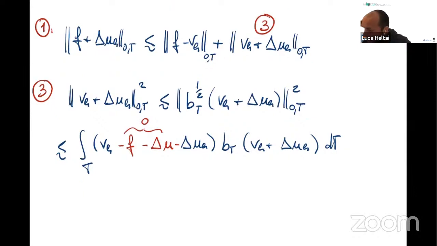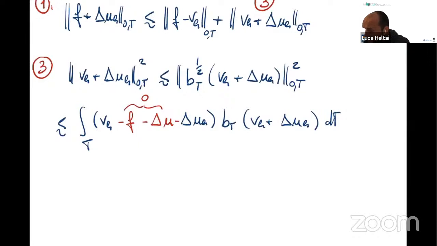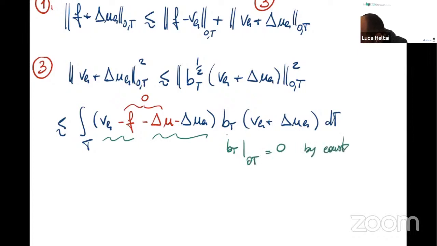Okay. Now, split the two integrals in the two parts: the part that contains v_h minus f and the part that contains Laplacian of u minus Laplacian of u_h. And I would like to exploit the fact that b_T is 0 on the boundary. So b_T, if I take it on the boundary of T, is equal to 0 by construction. Okay, so this means that I can take the following.